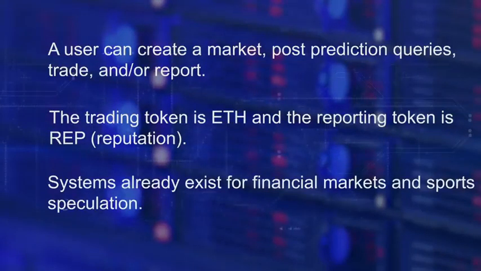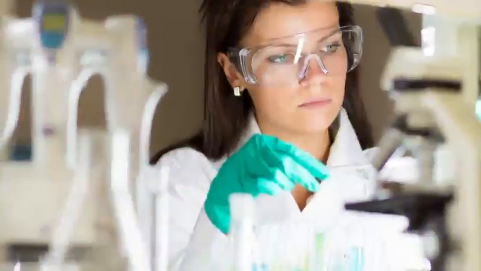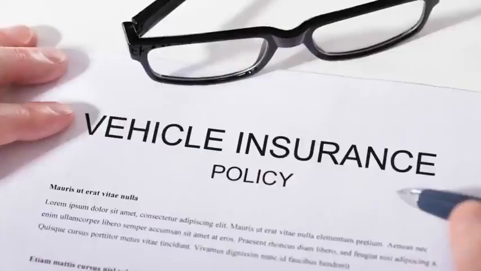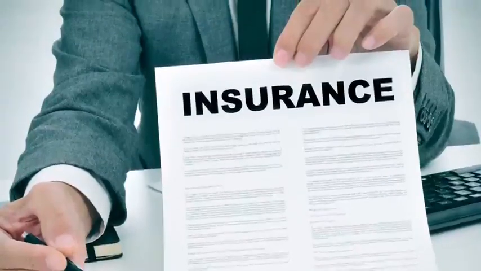Systems already exist for financial market and sports speculation. So these are not use cases for Augur. It is highly relevant for science experiments, policies, agriculture, insurance, and the like. It is highly relevant to micro and macro level systems and economics.